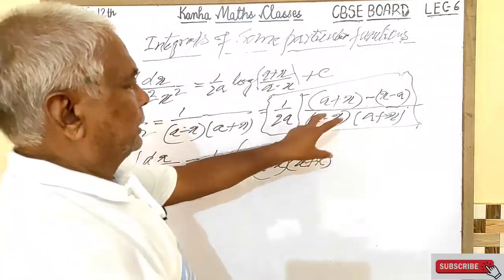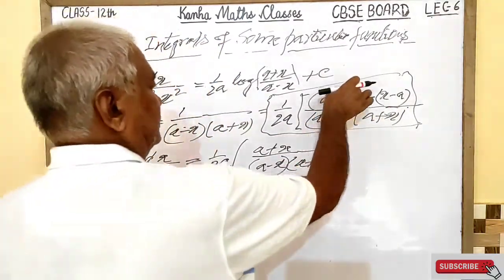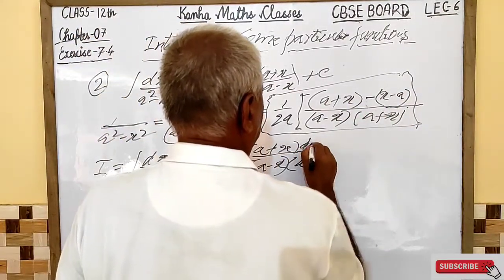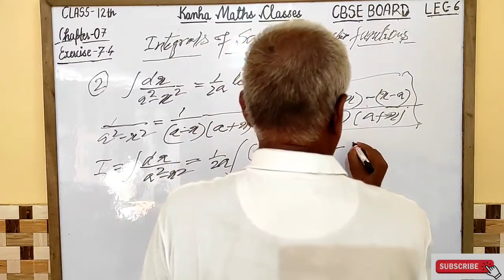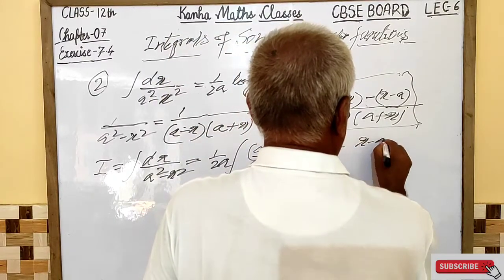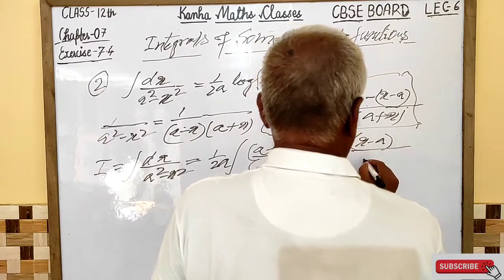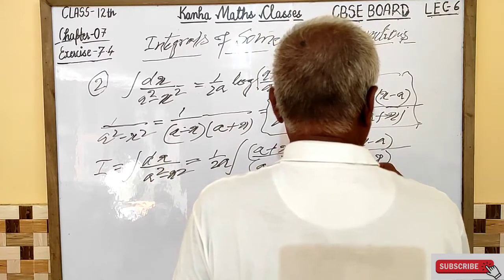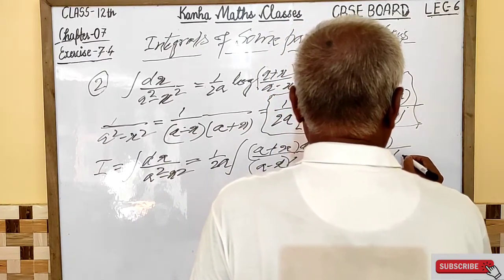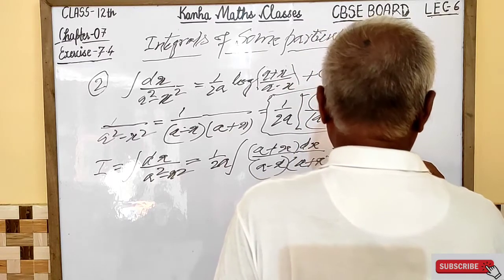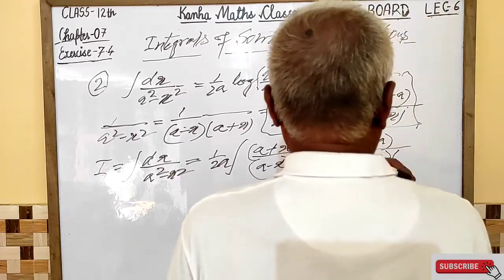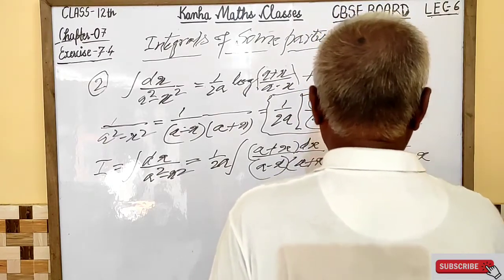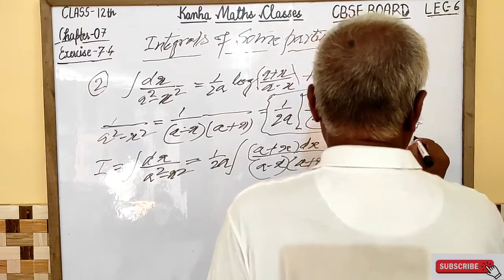We will bifurcate this integral into two integrals, this upon this minus this upon this, dx, minus x minus a upon a minus x into a plus x, a plus x, dx.